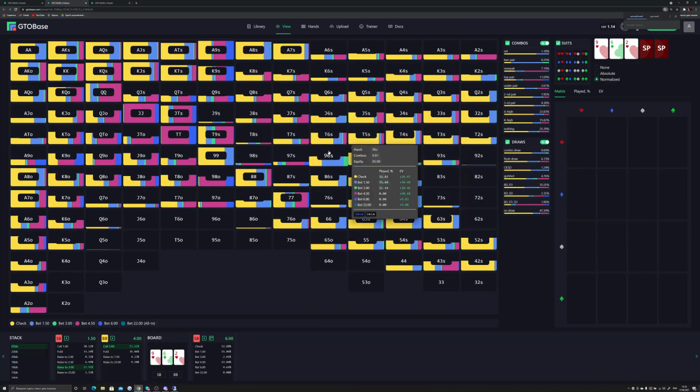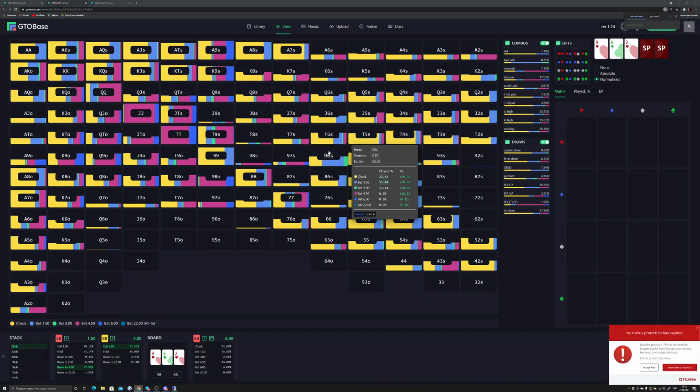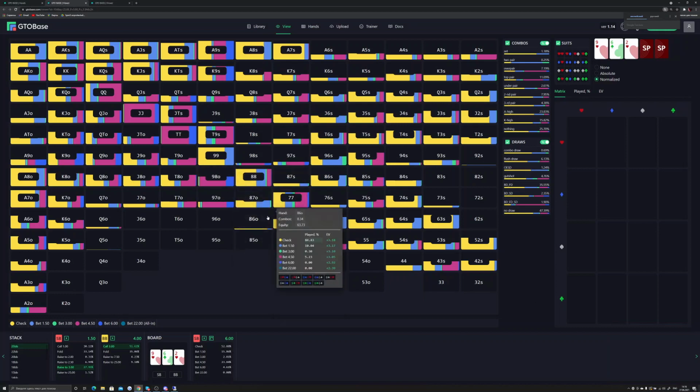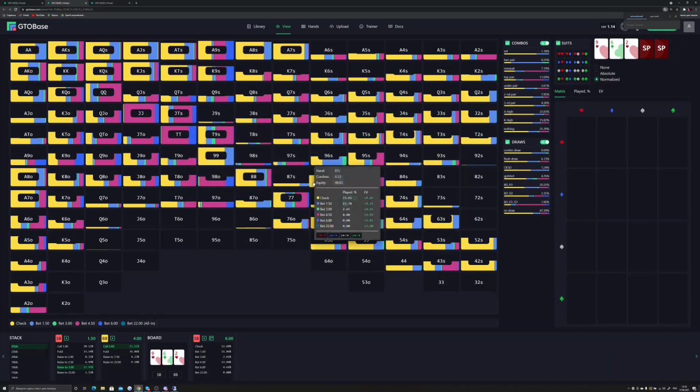Okay, so we use a polarized betting strategy here because all those 9x hands in our range are actually very vulnerable. So we want more protection and we want to bet bigger. So yeah, with all those hands we want to value bet, we use a bigger sizing.